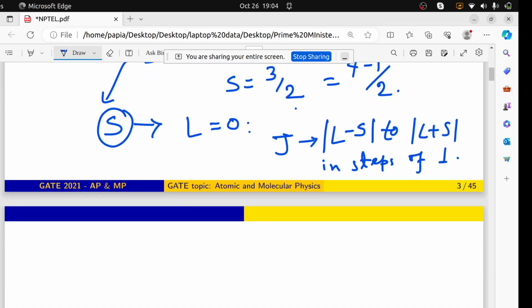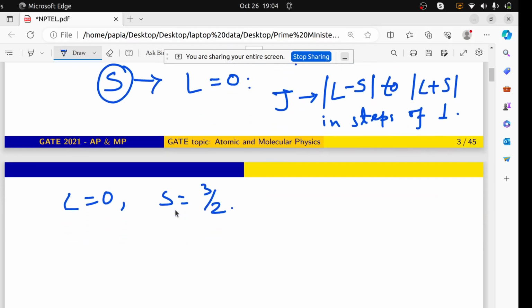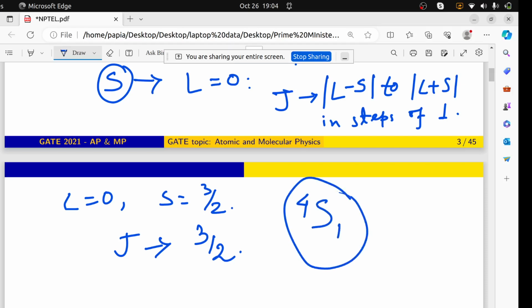If L is 0 and S is 3/2, then J will be only 3/2, because 3/2 minus 0 or 3/2 plus 0 gives the same answer. So J will be 3/2. Now you can see the configuration given has J equal to 1.